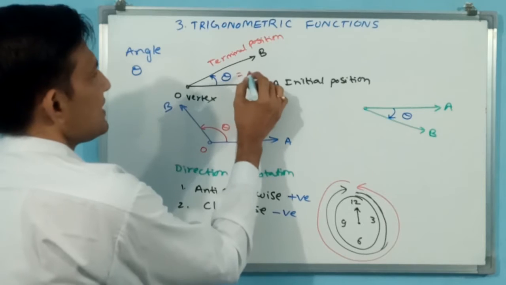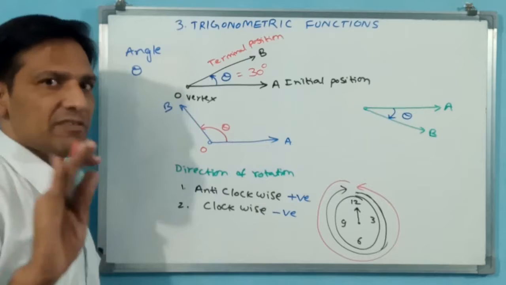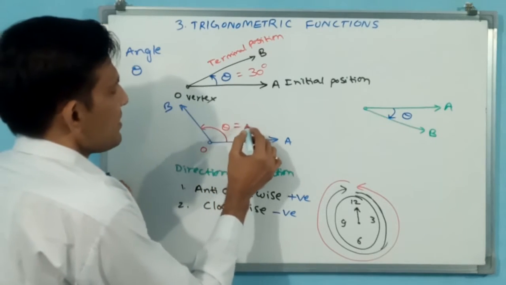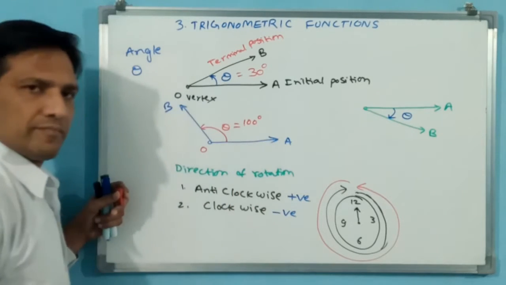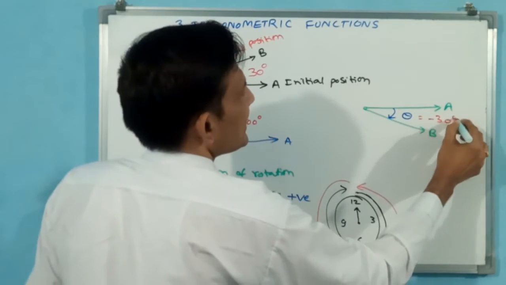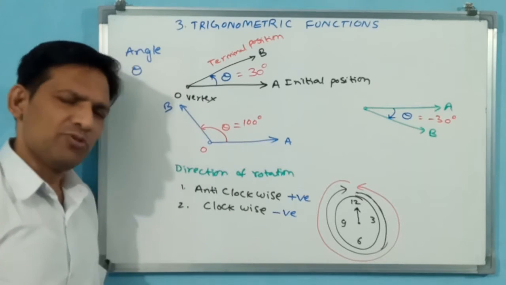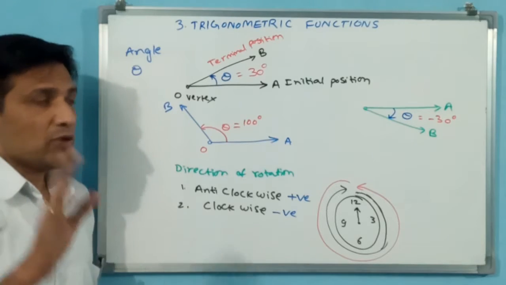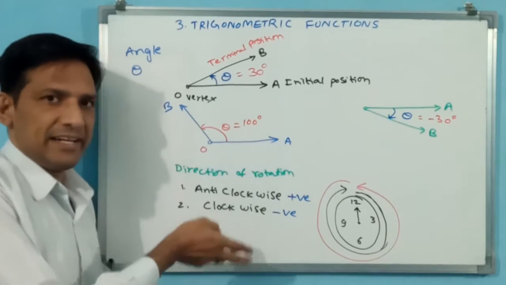See, approximately this is say 30 degrees. Degree we will come to; just you understand first. Here theta may be say 90 to 100 degrees. But here theta will be minus 30 degrees. You see, negative we have to keep, negative 30 degrees.